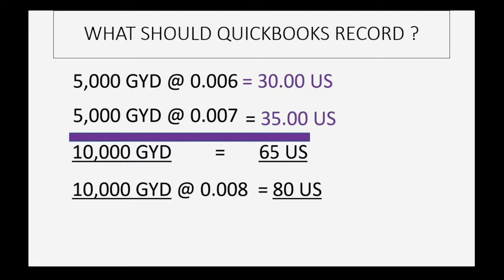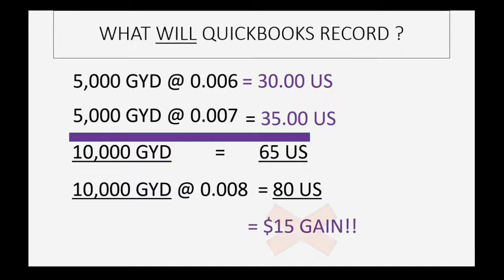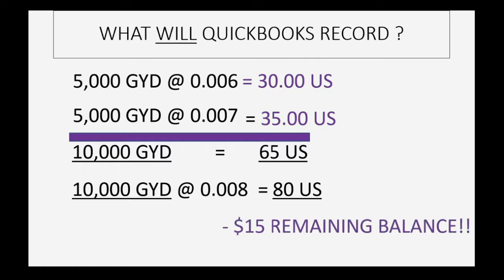Well, it should record paying $80 for the expense, and you have a $15 gain at the moment you pay that expense. But what will it record? Instead of a $15 gain, it will instead put the bank balance as minus $15, even though you paid all of the Guyana dollars out of the bank account.